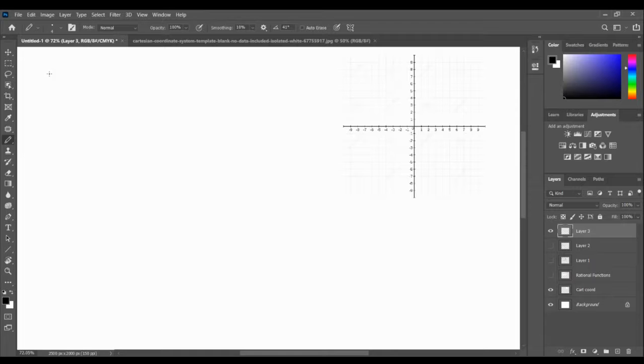If our function, again, let's use g of x, could be f of x, it doesn't matter, equals x minus 2 over x squared minus x minus 2. Our vertical asymptotes are where the denominator equals 0.